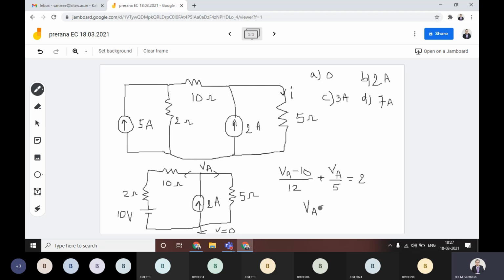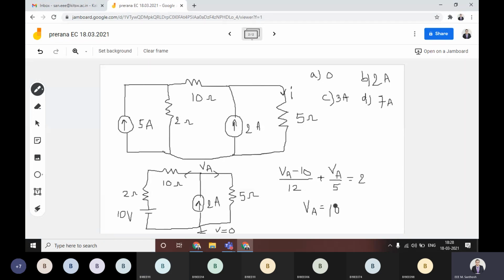Okay, first we will have the VA value. Then if you have VA, that means this voltage, then the current is actually VA by 5. What is the value of VA you are getting? 10 volts.